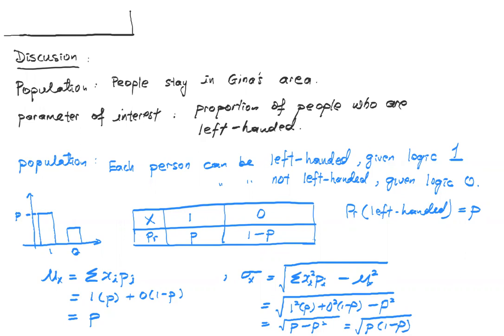We don't know because we don't know the value of P. Are you clear? Now we don't know the true population proportion of people who are left-handed.